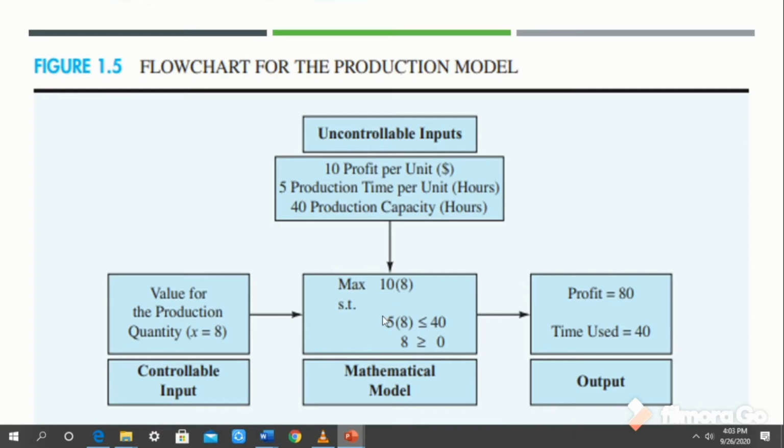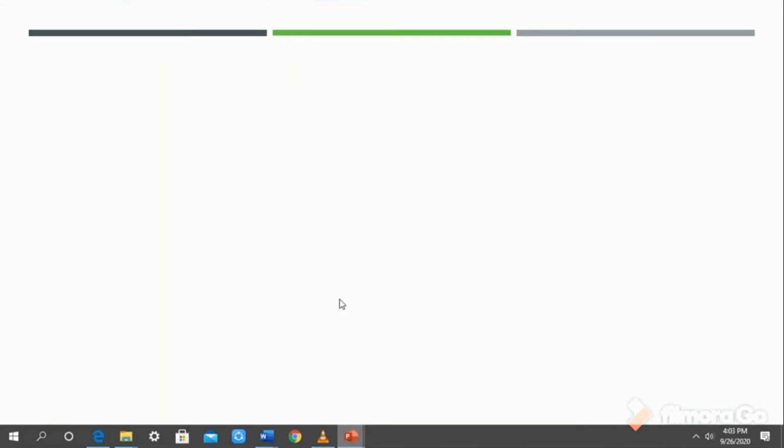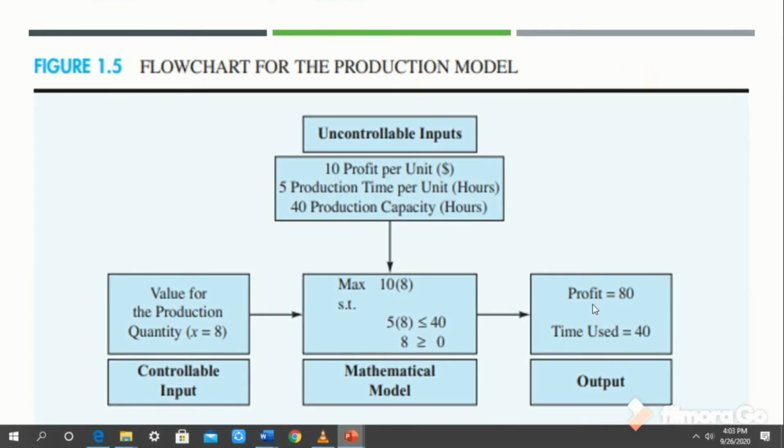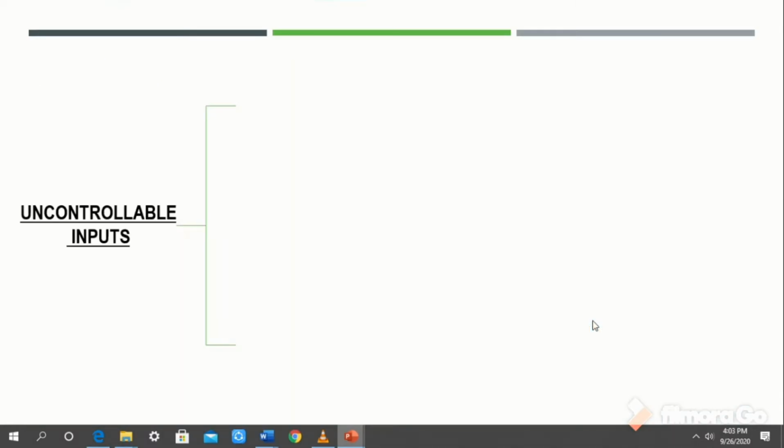This is your mathematical model. So 5 times 8 should be less than or equal to 40. And then from that, makahimo ka og output or the projected result, which is your profit, 80, and then ang imong ma-consume nga time is 40 hours. So, that is your output.